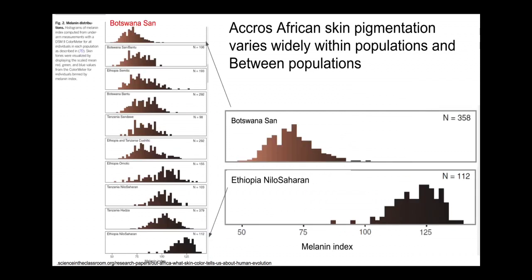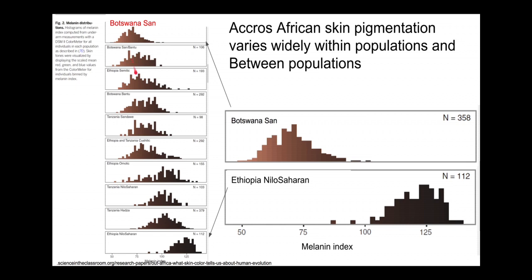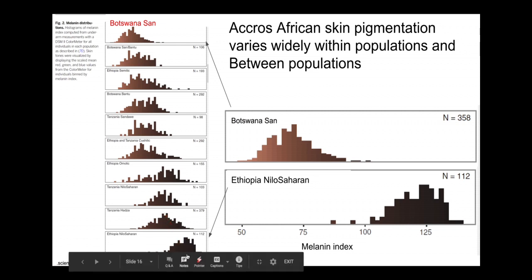Now, if you look across Africa, in this particular study they looked throughout Eastern and Southern Africa, and they found a wide array of different distributions. All of them are approximately normal. Every population has variation. They've ordered them in this figure from the Botswana San, who are relatively lightly pigmented, and as you go through these different groups they become increasingly darker.